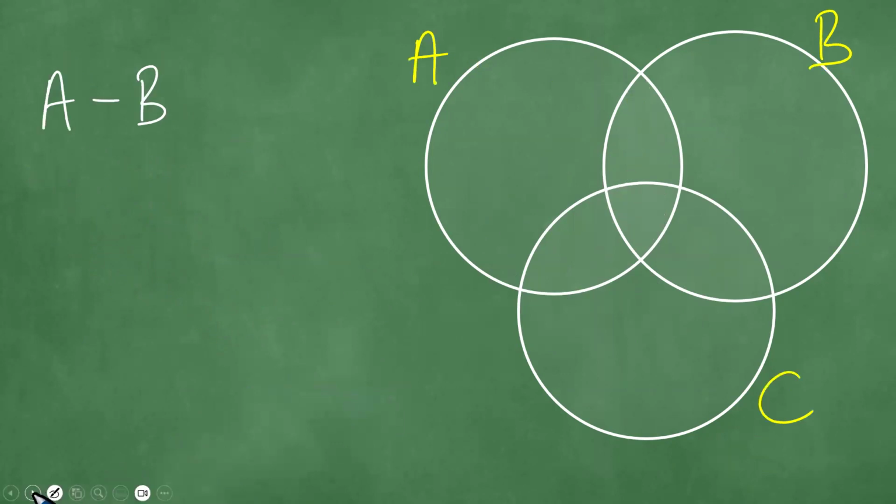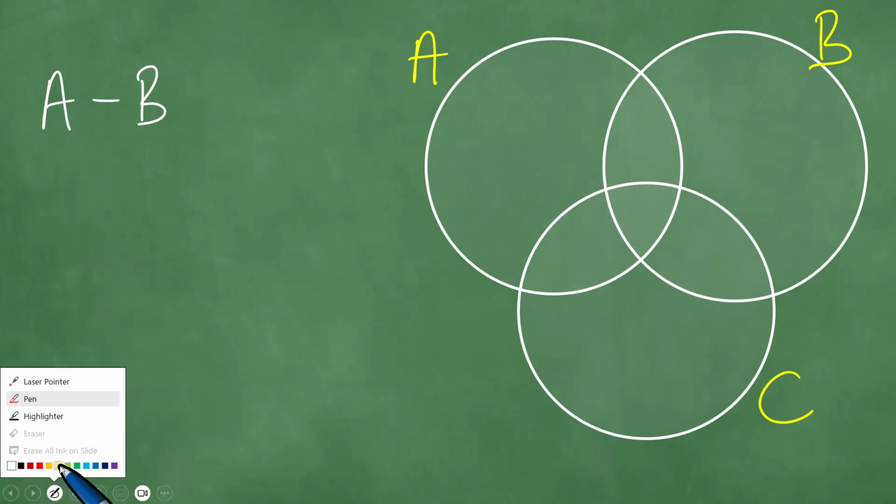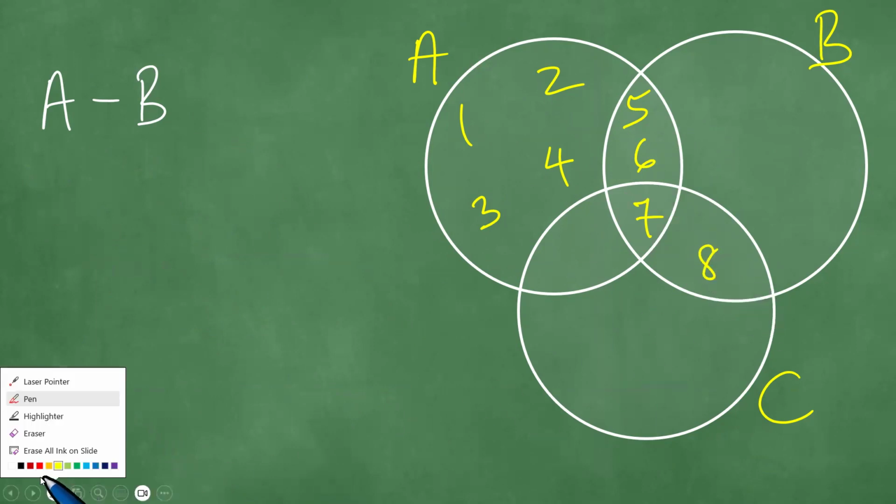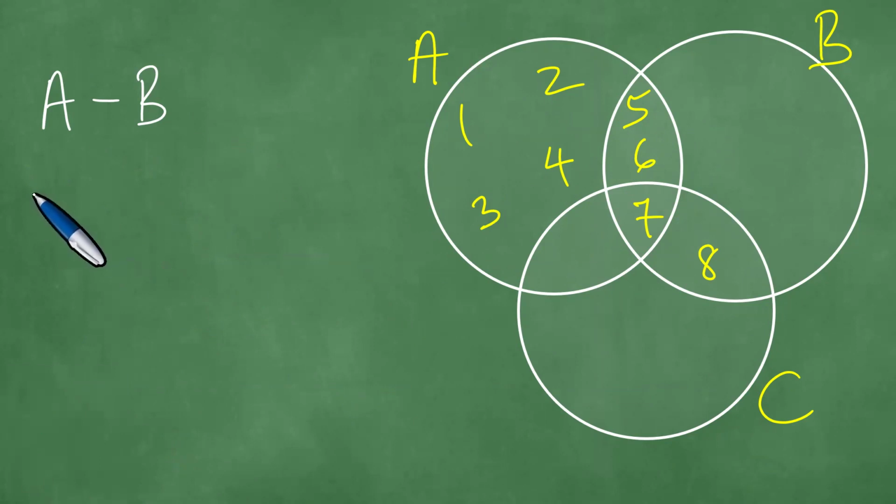Next, we want to find A minus B, but let us first complete this one. 1, 2, 3, 4, and we have 5, 6, 7, and 8. And we want to find A minus B. In other words, we're saying from A, remove B. If from A you remove B, this can be seen in many ways.